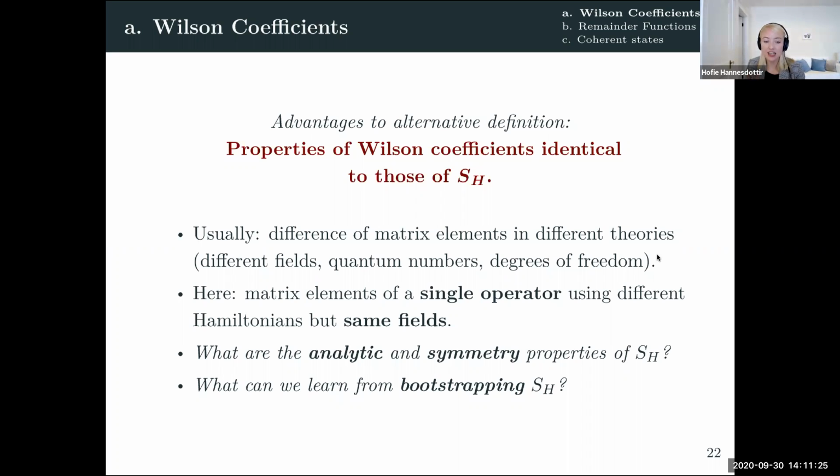But here we take matrix elements of a single operator where we use the same fields, but different Hamiltonians. So when we have this new definition, we can ask questions like, what are the analytic and symmetry properties of the hard S matrix? And what can we learn from bootstrapping the hard S matrix, which I'll get to a little bit in the end.